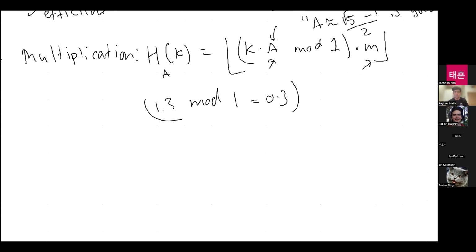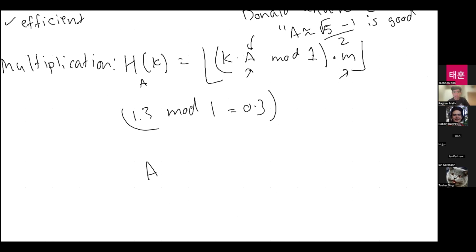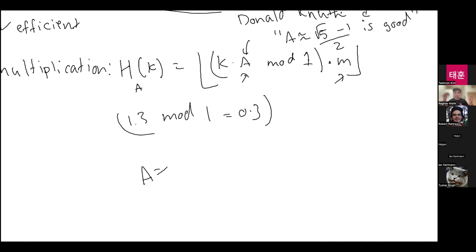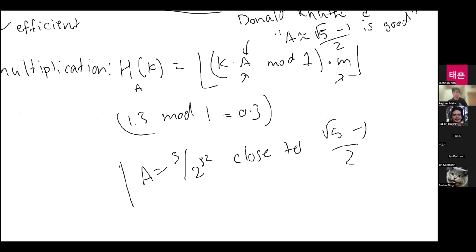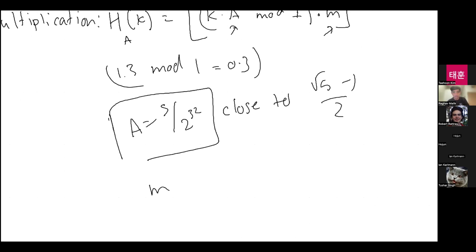So, for example, for A, we can set it to be something like s out of 2 to the 32, where s is chosen such that this is close to this ideal value of square root of 5 minus 1 over 2, right? But we just make sure that it's some multiple of 1 over 2 to the 32. And then we set m to be a power of 2.